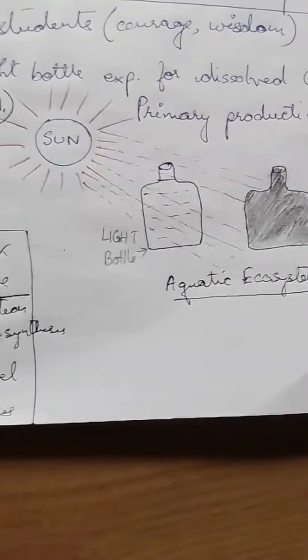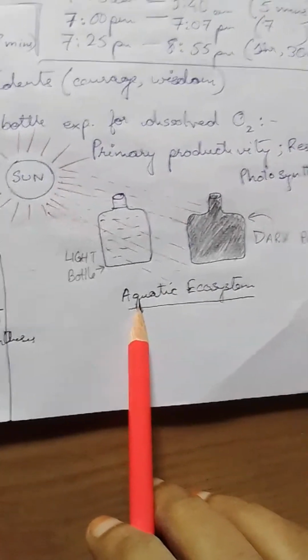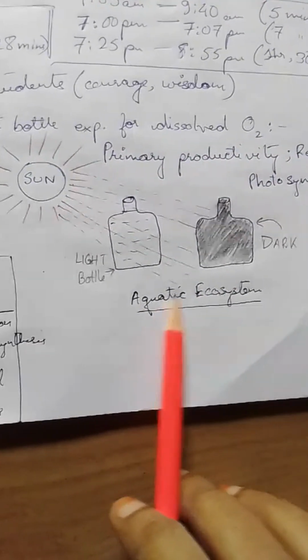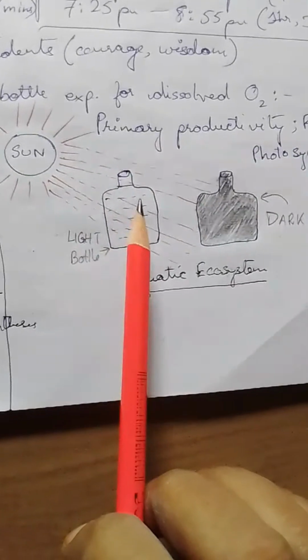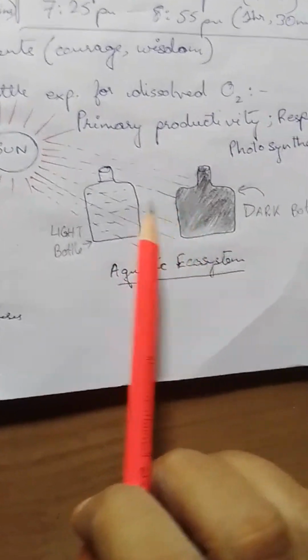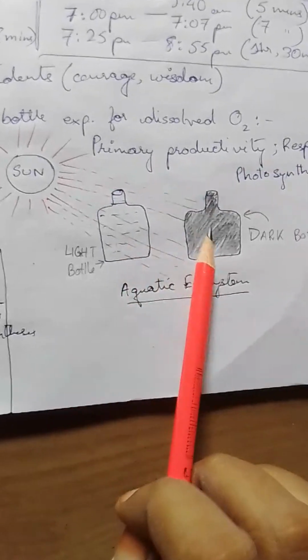So in our environment, particularly in the case of the aquatic ecosystem, water has been collected in two bottles.